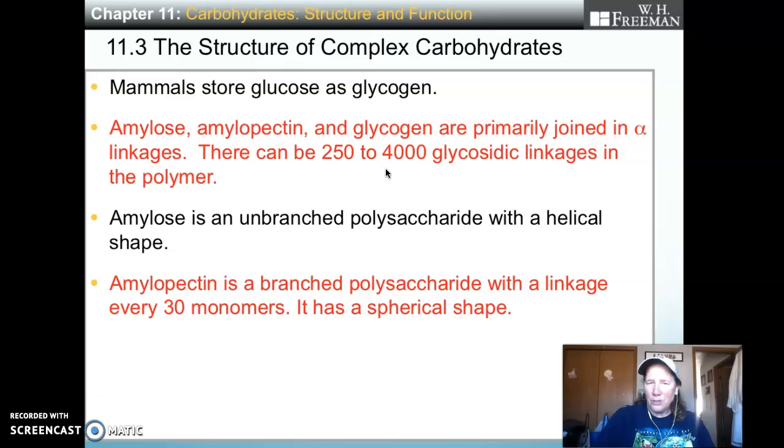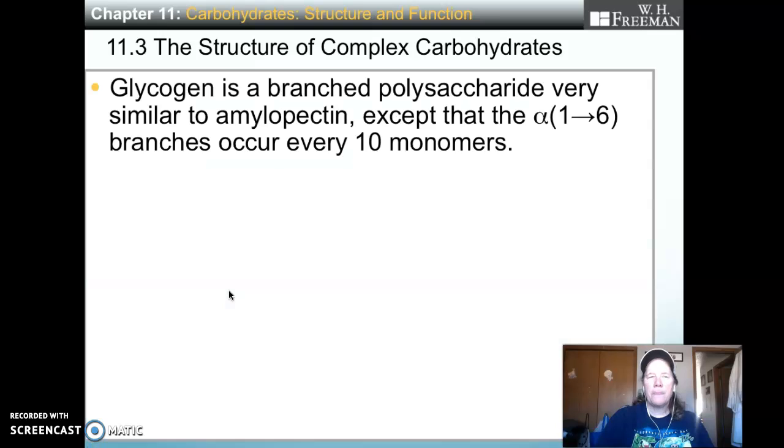Amylopectin is branched and it has a linkage every 30 monomers. It gets spherical. So when you look at these two, again, remember 20% of the starch is this way and the other 80% is this way. So this must be a better way to store it, because plants store 80% of their glucose this way. Our glycogen is branched.